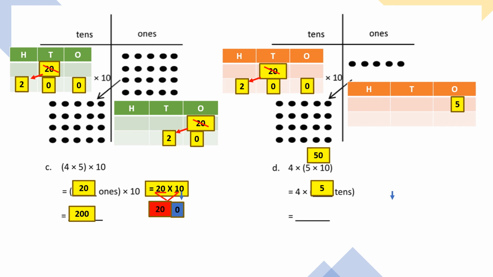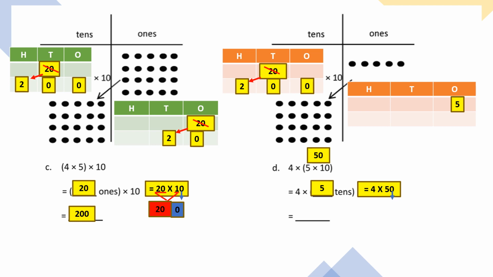And you already said that 5 tens was the same thing as 50. So let's go ahead and rewrite the equation next to the one on our papers, showing an equation that we can work with to solve. 4 times 50. So that's the equation that we're solving.